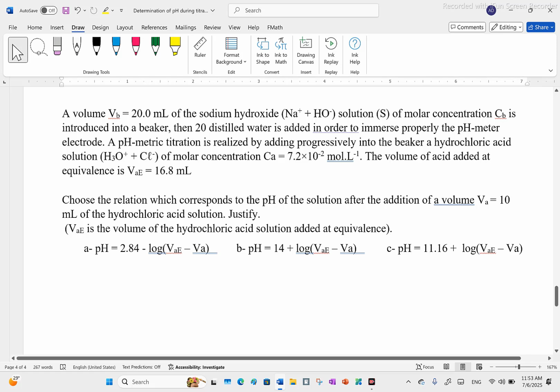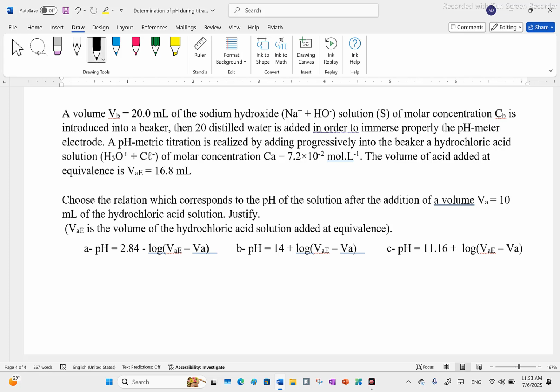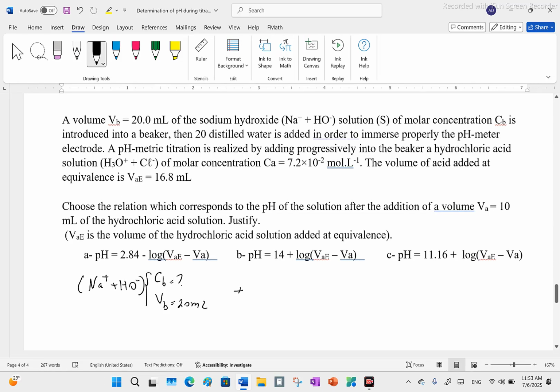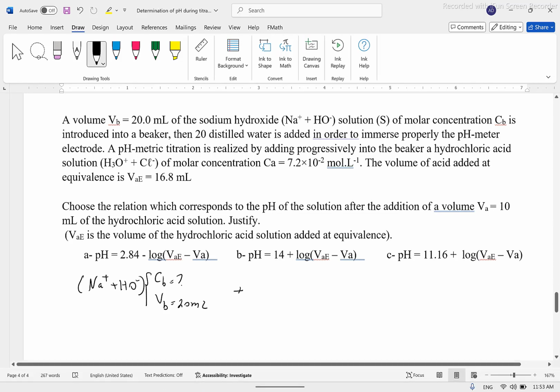Another example: a volume VB equal to 20 milliliters of sodium hydroxide solution, Na+ HO−, of concentration CB. We add 20 milliliters of distilled water to immerse the electrode of the pH meter.